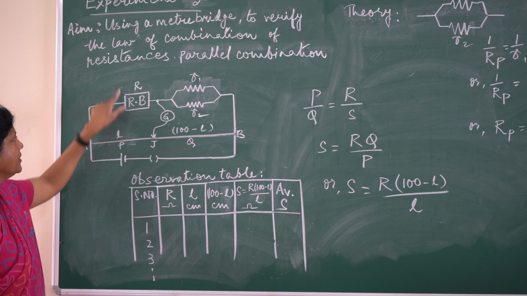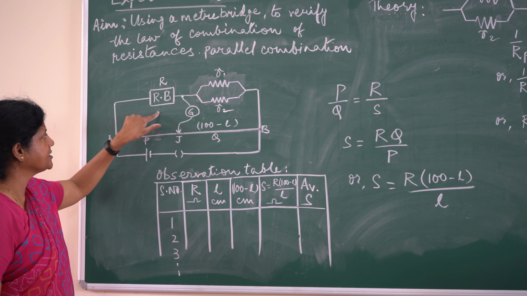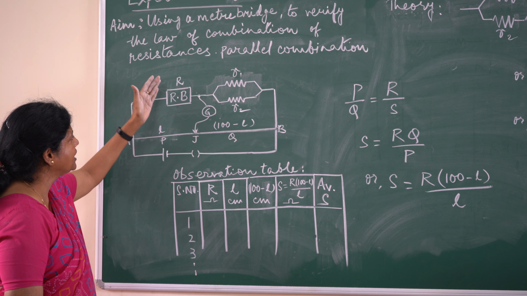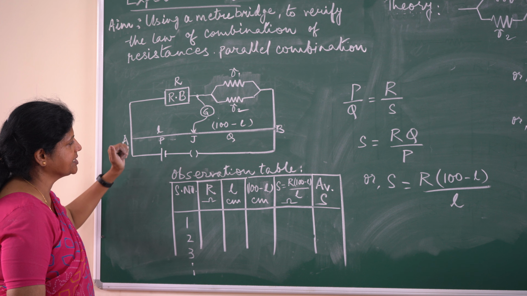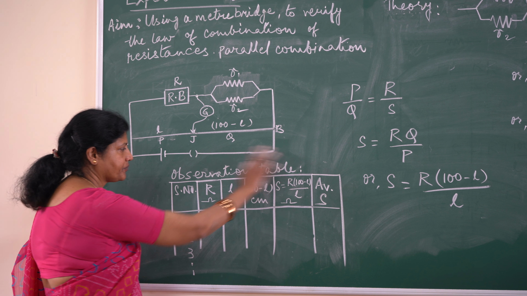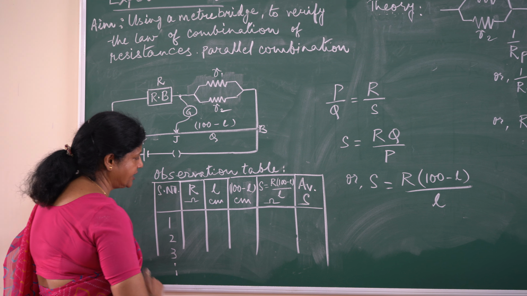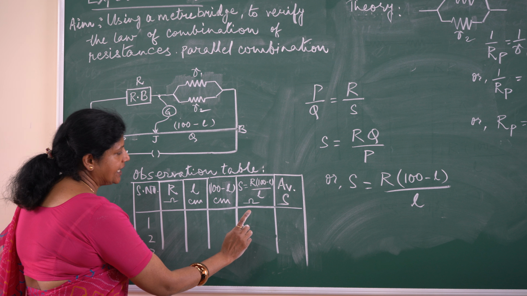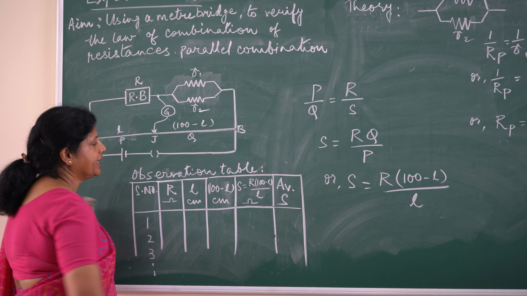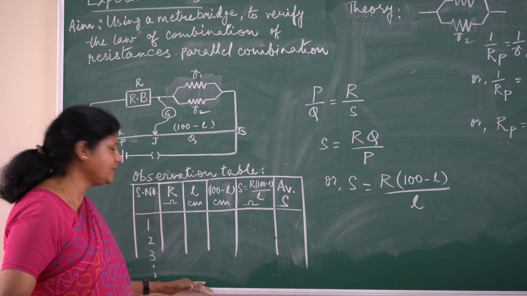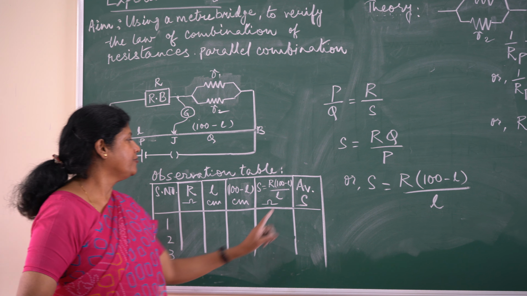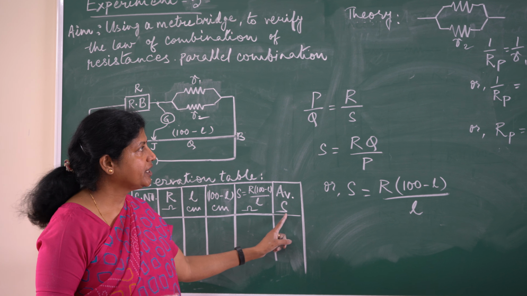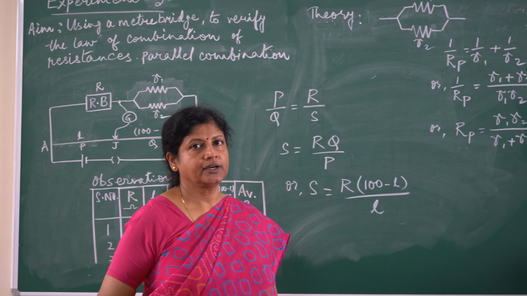R, we are taking resistance from R. Different values of resistances we will take out from the resistance box. Here you see our observation table. After substituting the values, we can calculate S. After taking a number of observations, we will calculate average S. Now keep it in your mind.